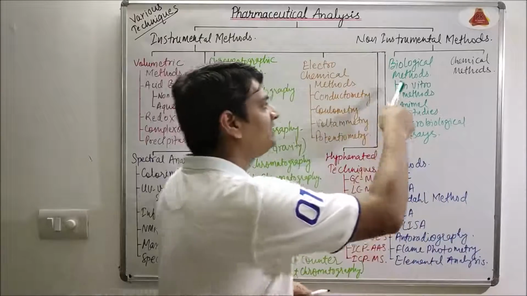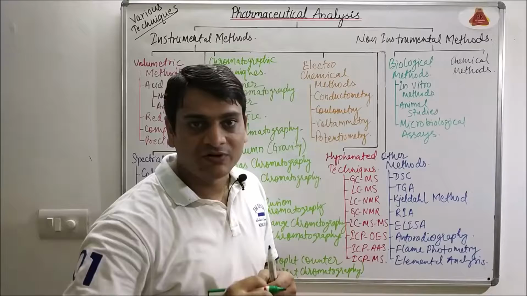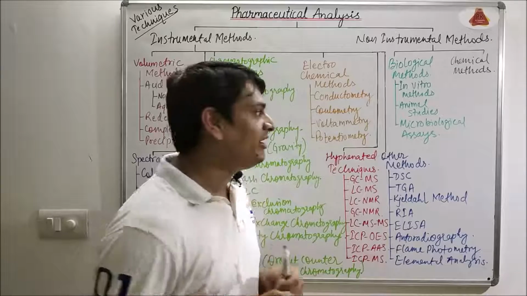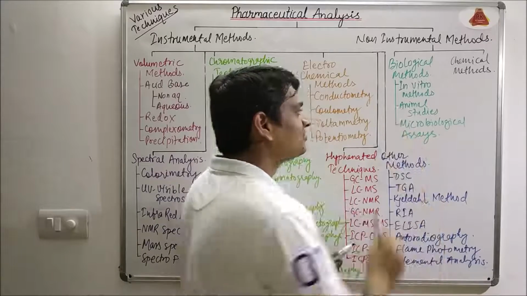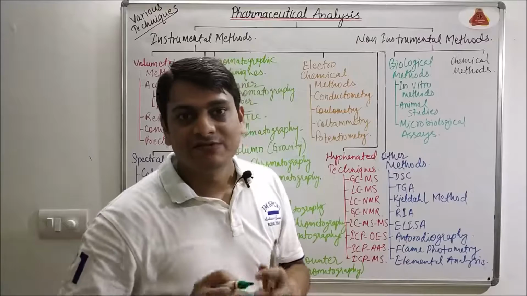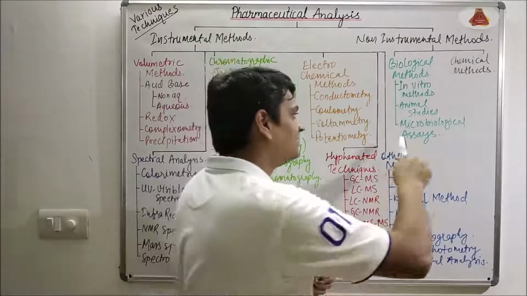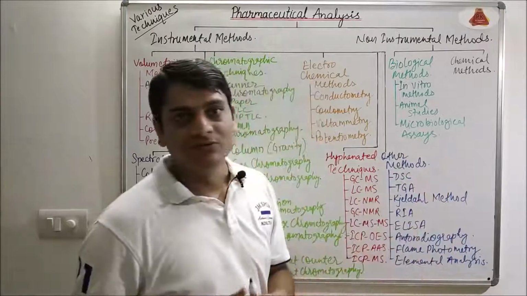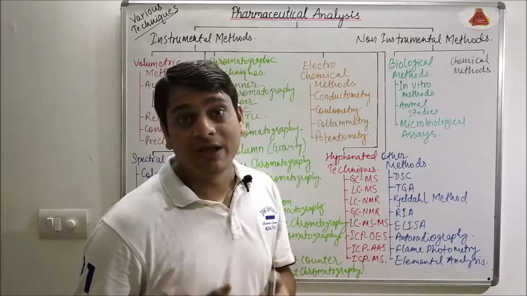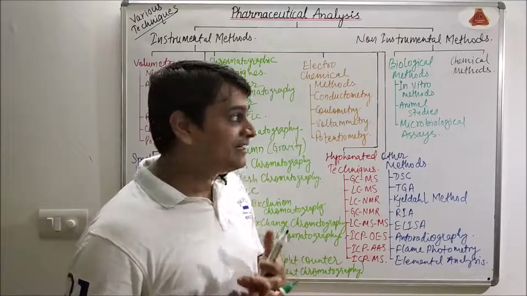By using the first one, that is in vitro methods, we can perform many in vitro tests in the laboratory. Second one is animal studies. By using animals we can perform various pharmacological tests. Next one is microbiological assays. We will use microbes and we can do microbiological assays for many antibiotics.